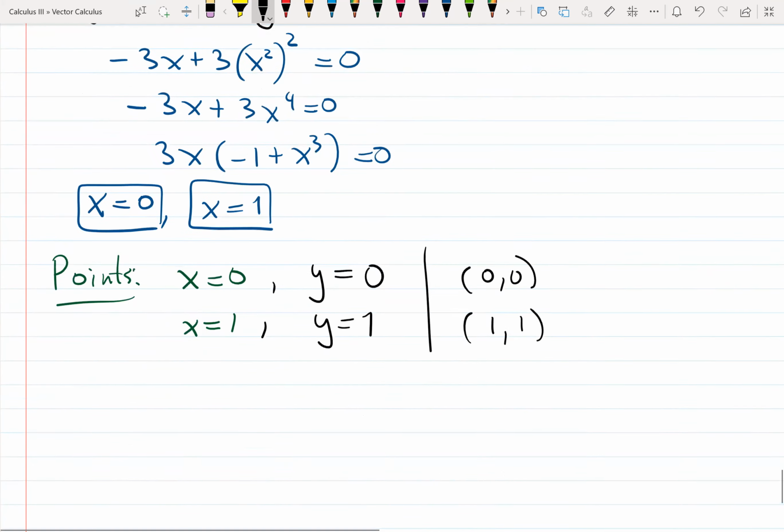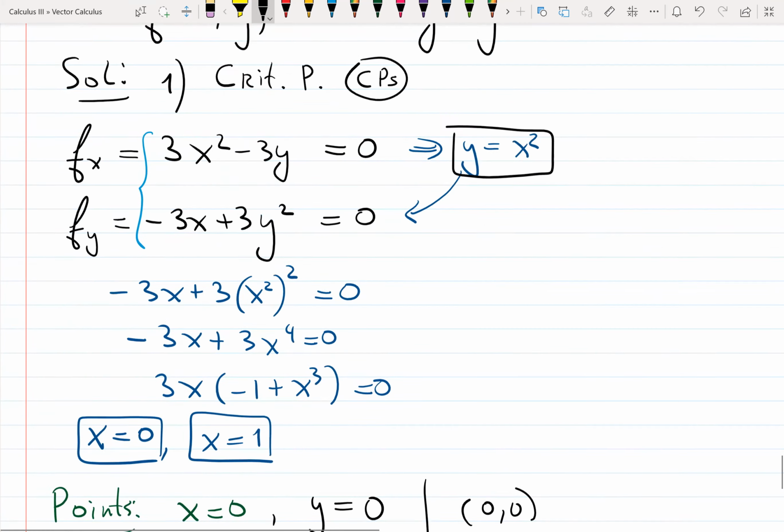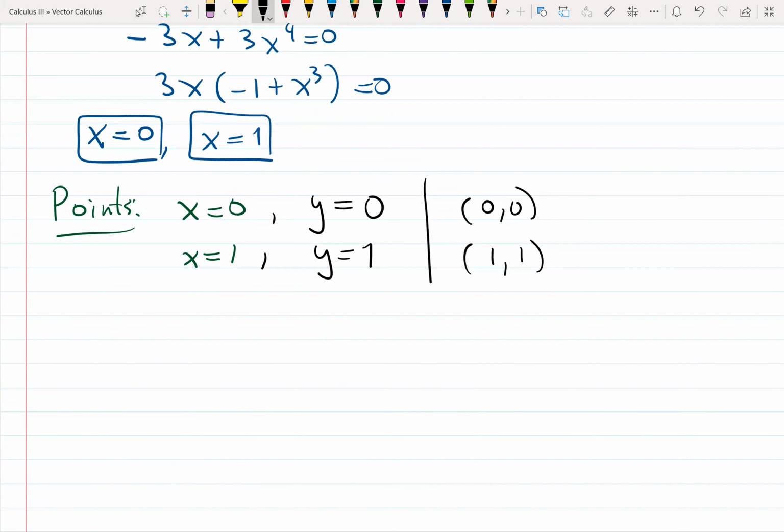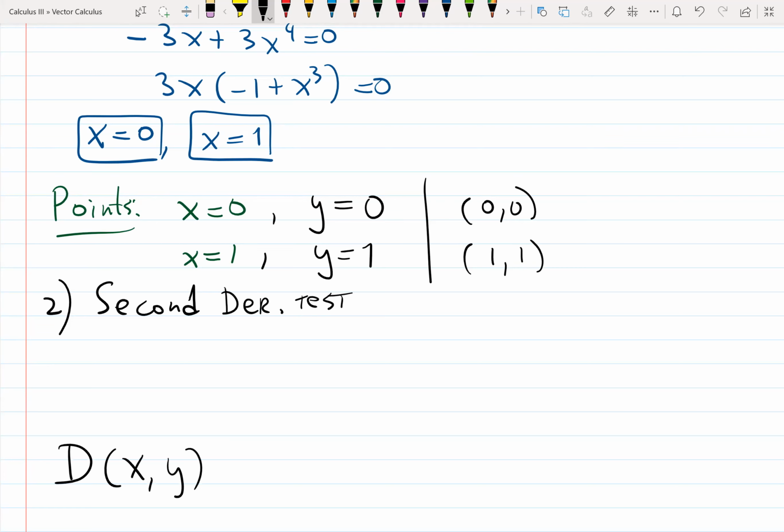And now we do second derivative test. So now calculus 3 starts. This was still kind of calculus 1, just with partial derivatives, but the idea is the same. Remember we had this D, the determinant of the matrix fxx, fxy, fyx, fyy.